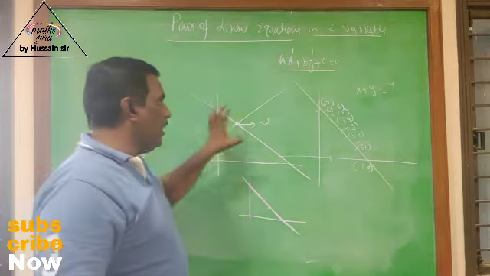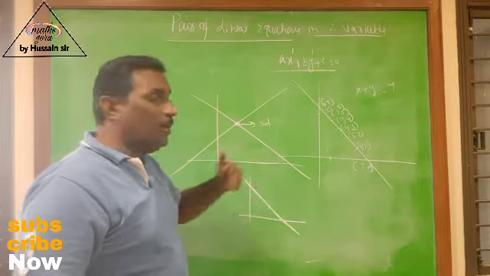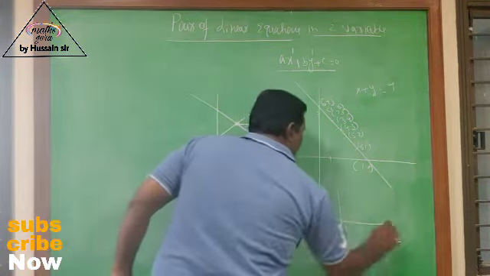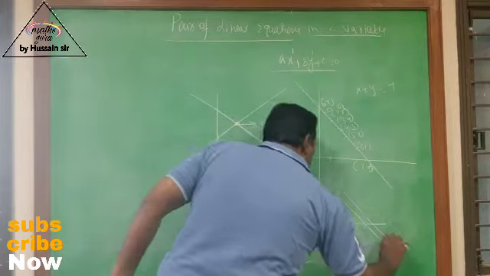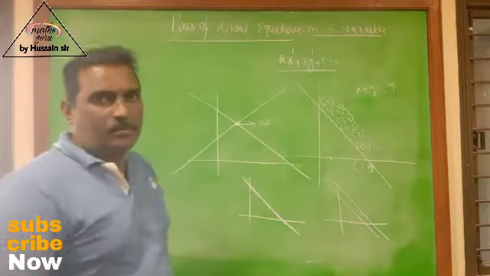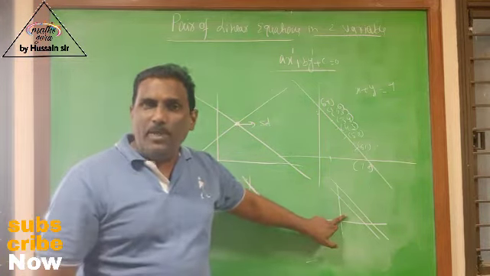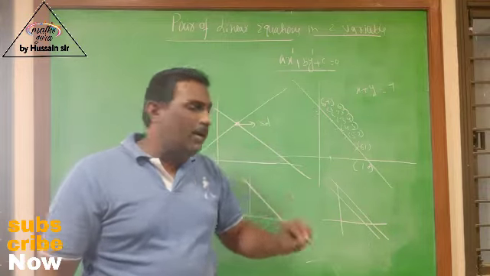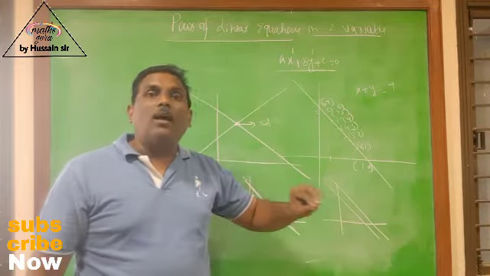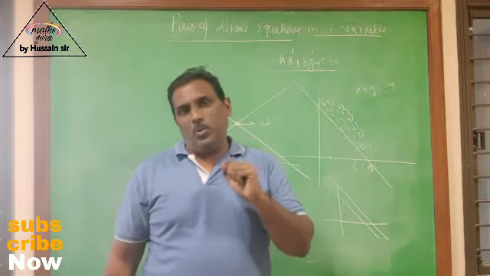The third case is when one line is drawn like this, and the other is parallel to it. Then there is no common point. When there is no common point, the lines are not going to meet anywhere. That means the pair, or system, of linear equations will have no solution.